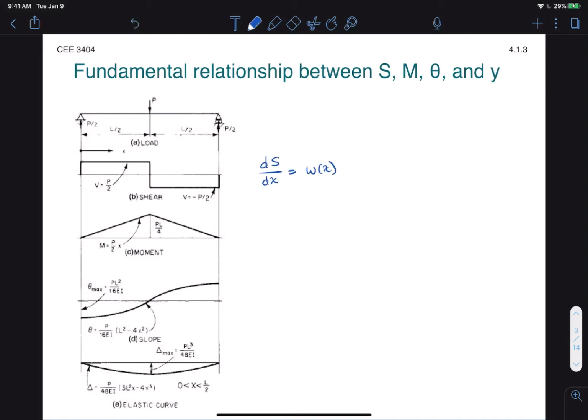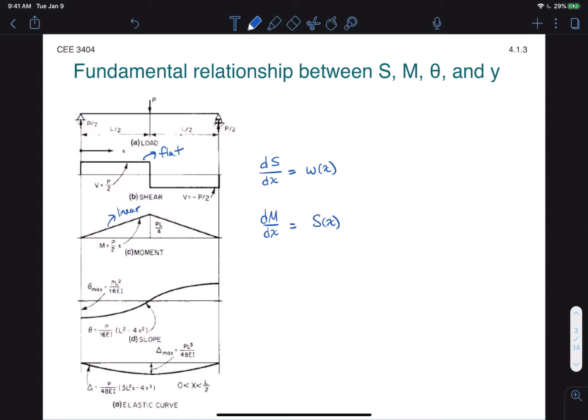Note that in this particular example the distributed load is 0, so the shear is simply a flat line. The moment is just one derivative up from that, so we have the relationship that the derivative of the moment with respect to x is equal to the shear. So in this case we have the moment diagram as a linear function.